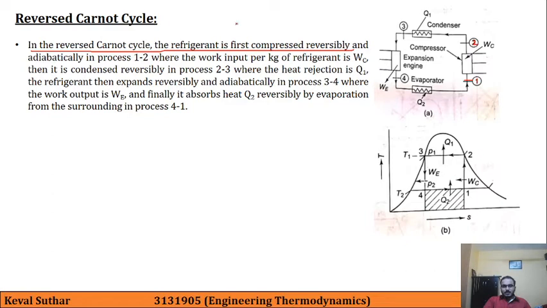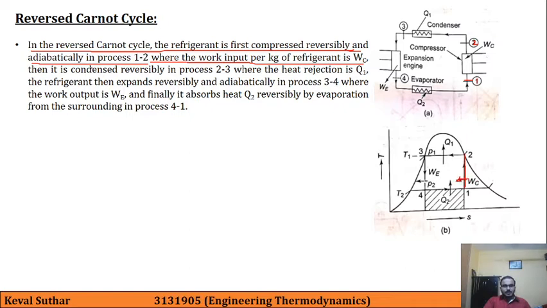It is compressed reversibly and adiabatically, where the work input per kg is WC, shown over here.